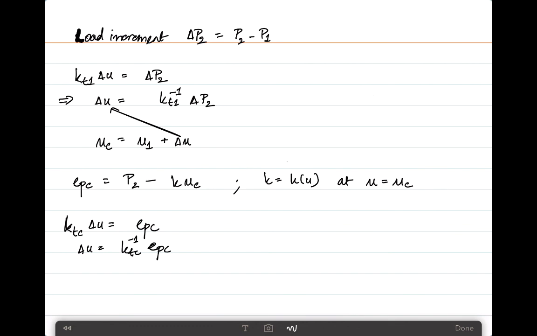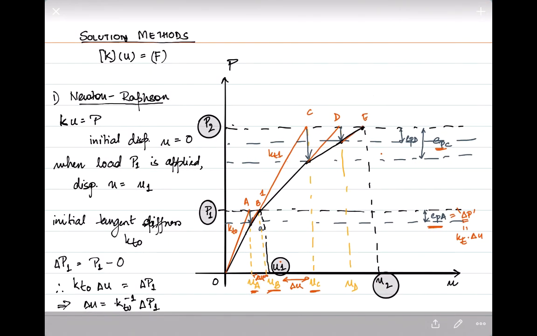And with this change in U, we can now find UD equal to UC plus delta U, and so on and so forth. We can calculate up to the point where we get the error to be equal to 0, which happens to be assumed at point E, which is the next iteration. So therefore UE becomes equal to U2, which is the displacement we were looking for at the next load increment.